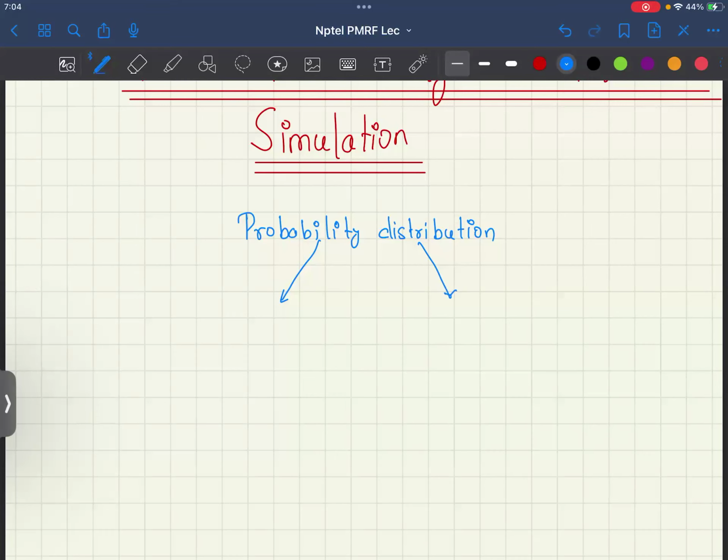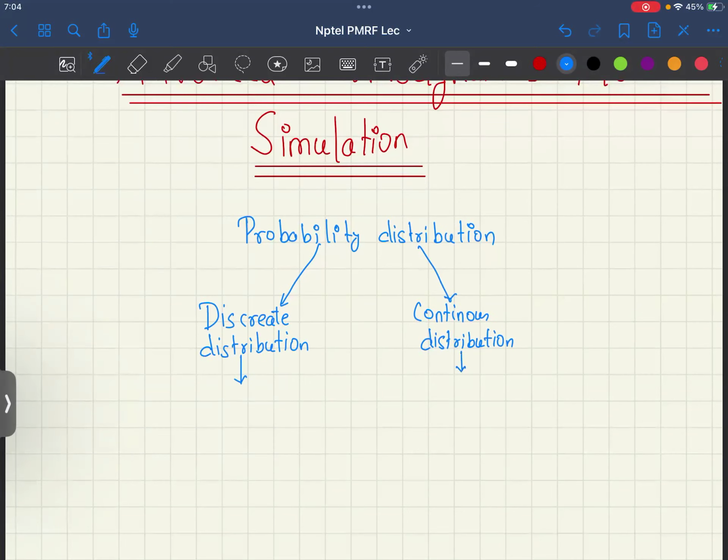One is the discrete distribution. The other is the continuous distribution. In discrete distribution, as the name suggests, points are not continuous, whereas in continuous distribution, the points are continuous and it is a smooth function.